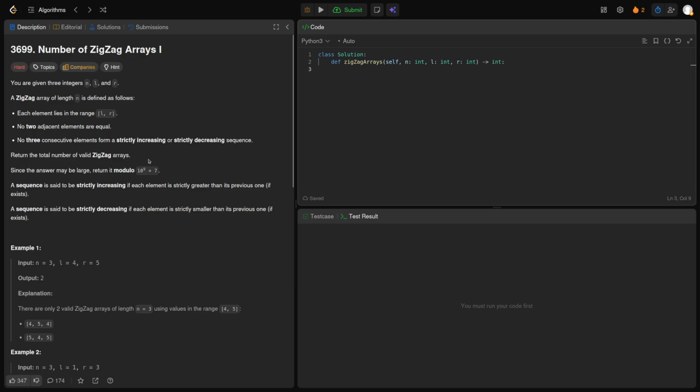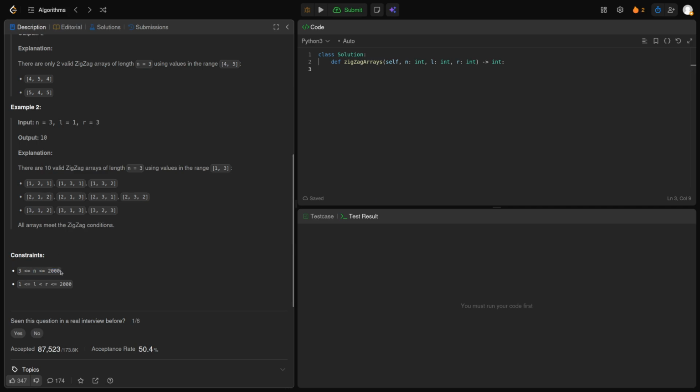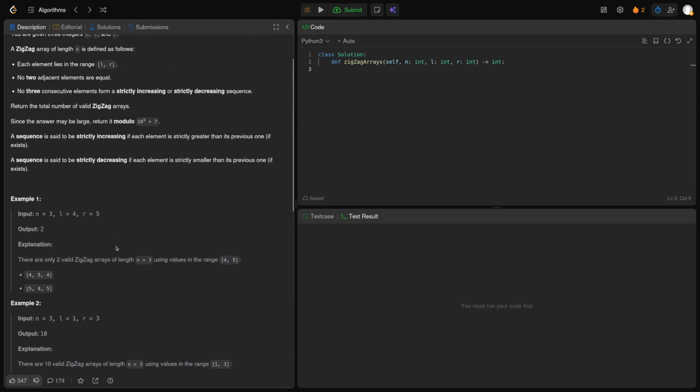Okay, so an important thing: what are the constraints? What is L, R, what is N? Looks like N is 3 to 2000 and L, R are up to 2000, which should tell you that you want to do N times number. And what could we do N times number?